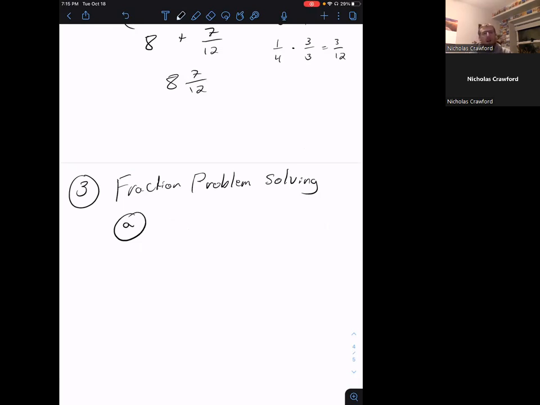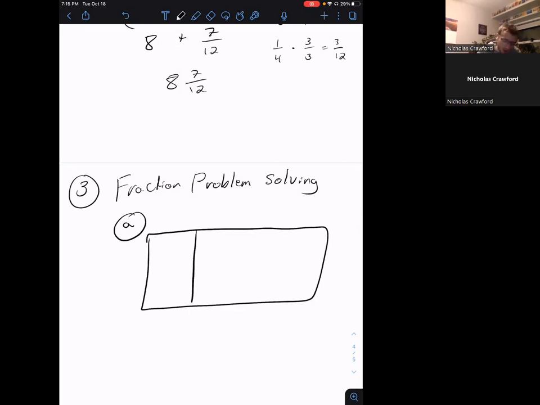So let's say I'm trying to say something like this. So I give you some box, and I'm going to cut this into random pieces here, something like this, right?